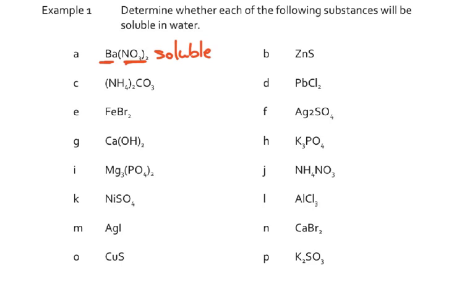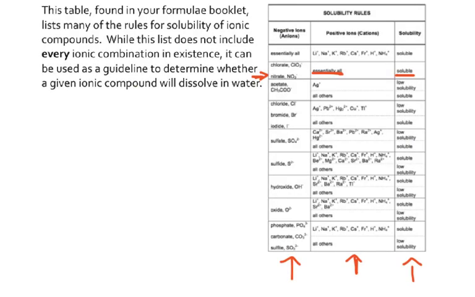C, we have (NH4)2CO3, ammonium carbonate. We need to look up carbonate first and then match it up with ammonium. Carbonate is right down here at the bottom. It behaves the same way as phosphates and sulfites. Looking at the list of ions, ammonium is listed, so we follow that across, and ammonium carbonate would be soluble.